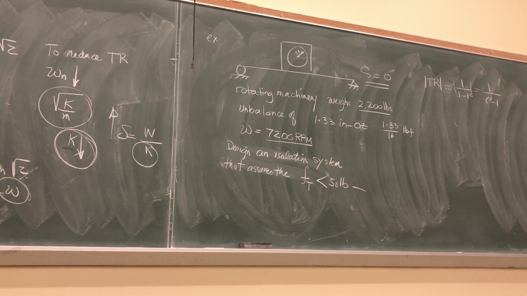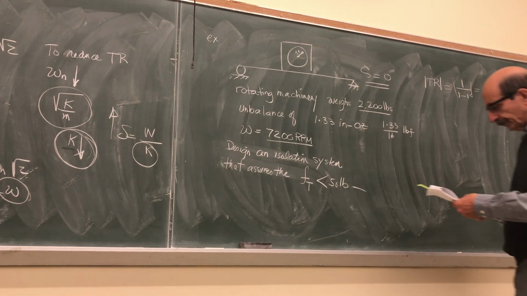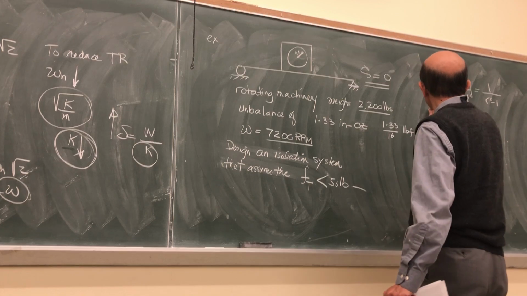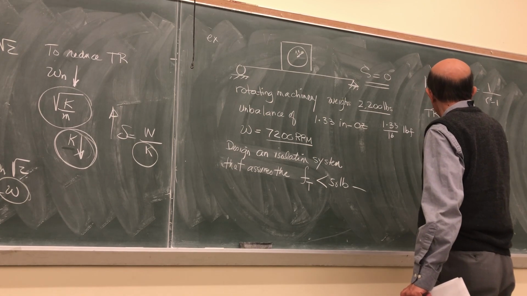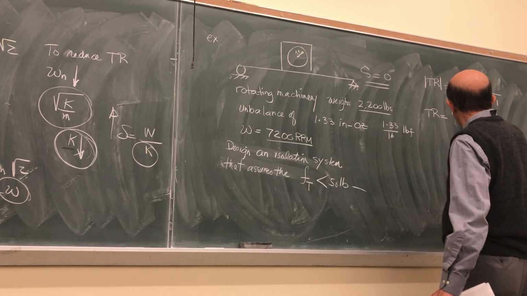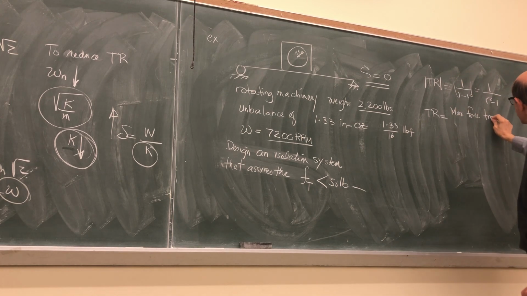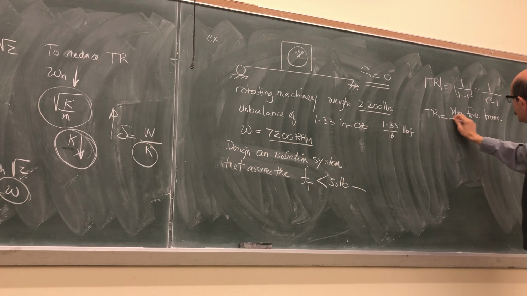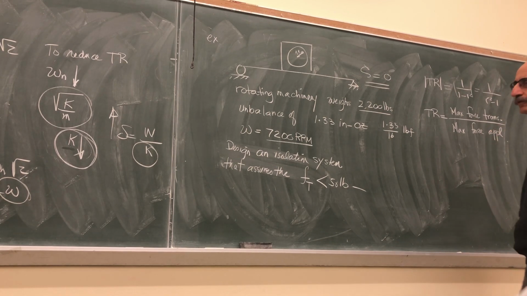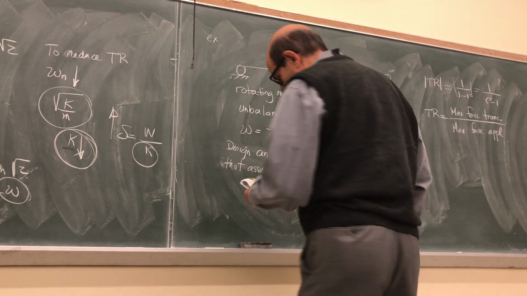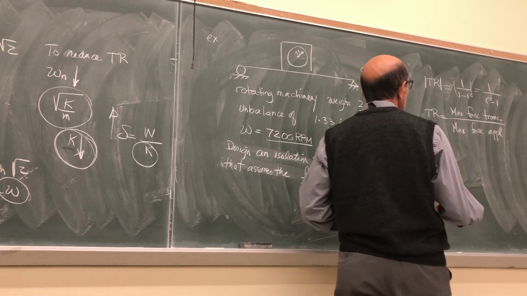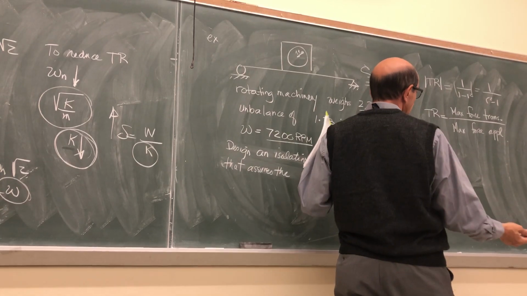Okay, so let's solve the problem. What is the transmissibility ratio? It is the maximum force transmitted to the maximum force applied. So what is the maximum force applied? It is the rotating unbalance, right?